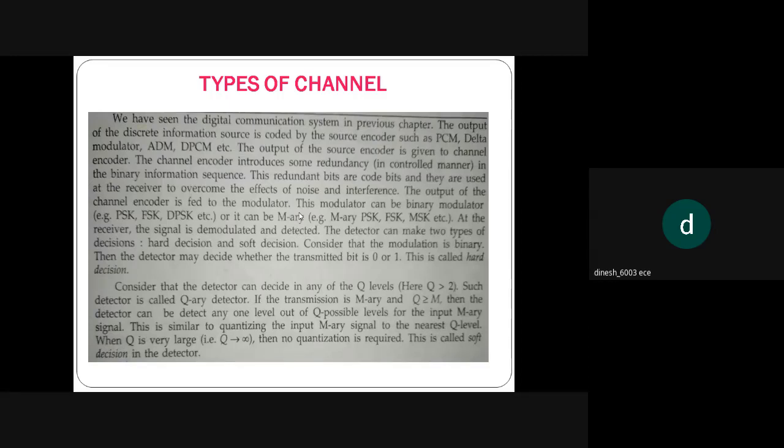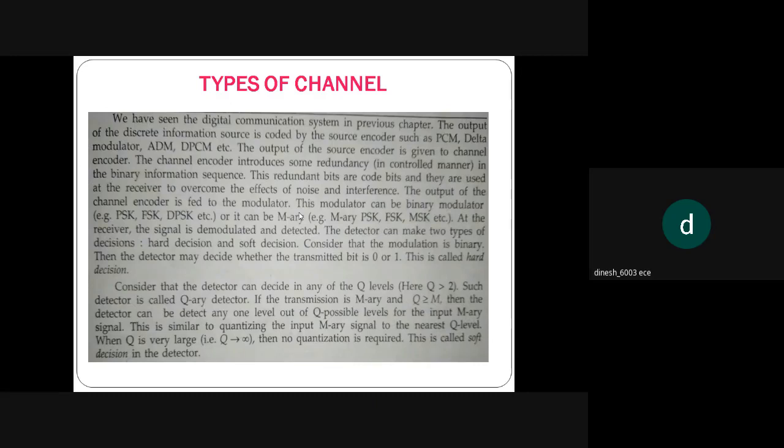Whereas when there are Q levels, or when they used M-ary systems, where M is always greater than 2, they used soft decision systems in the detector.